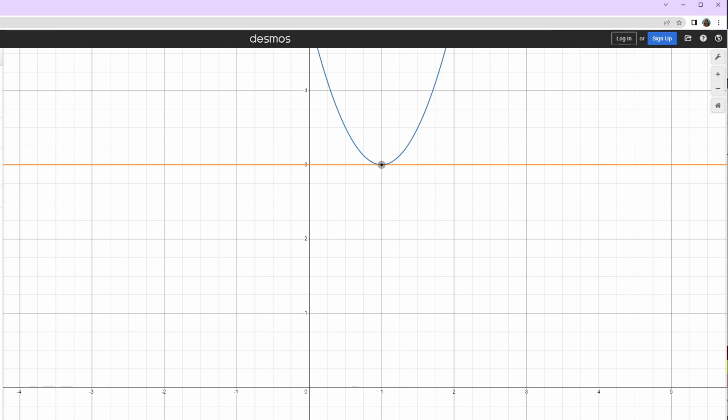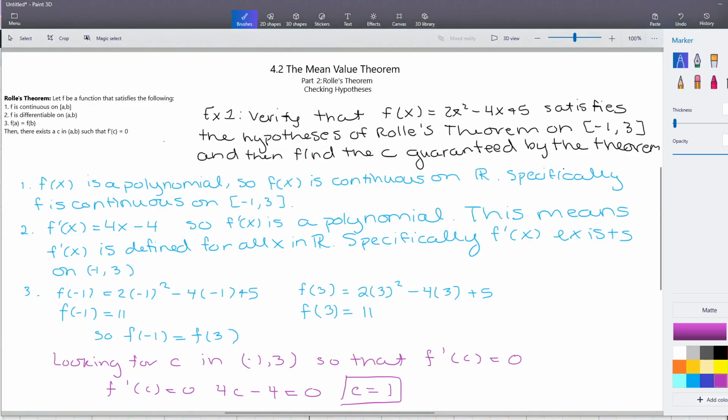All right. So now that we've looked at a basic example of how this theorem works, what we're checking for, and especially what it looks like to check for that, let's talk about why it's so important to actually look at the hypotheses.